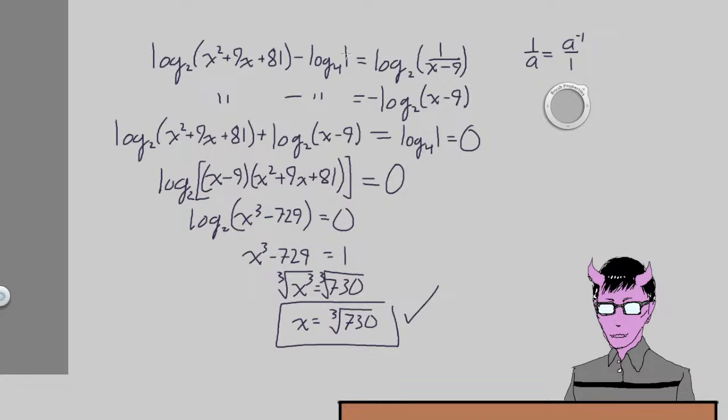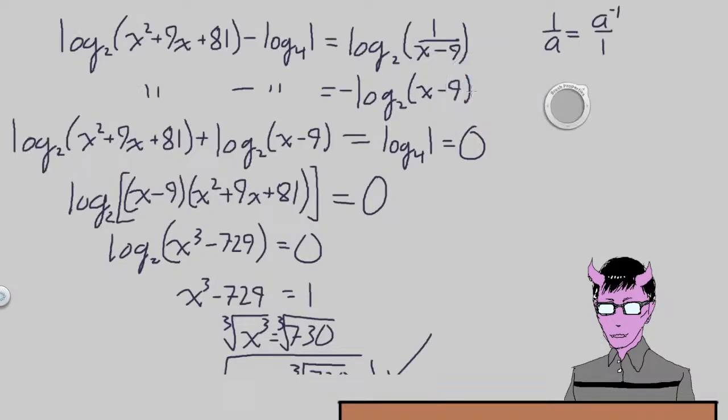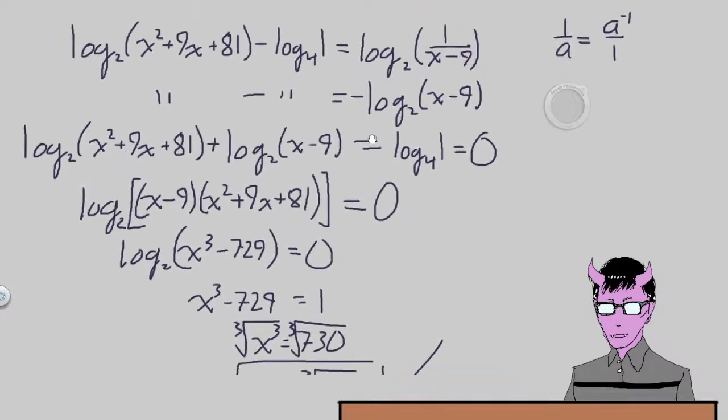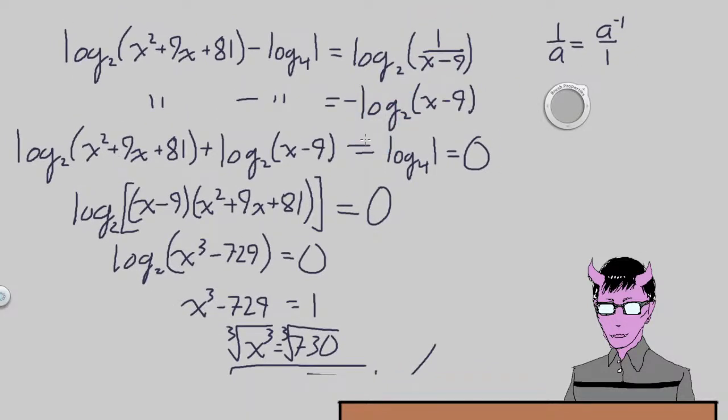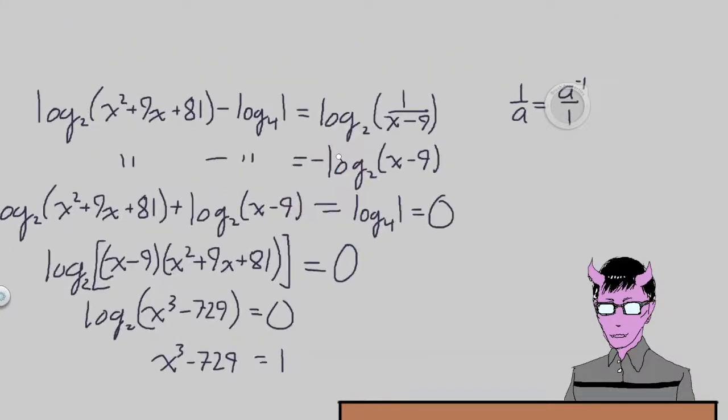Maybe I was... Oh, wait, hold on. Something's wrong here. Maybe it is a nice problem. Hold on, let me double check. 2 to the power of 0 is equal to 1. Yeah, that's correct. I just didn't proofread the problem well enough. I didn't test run it. That's okay.